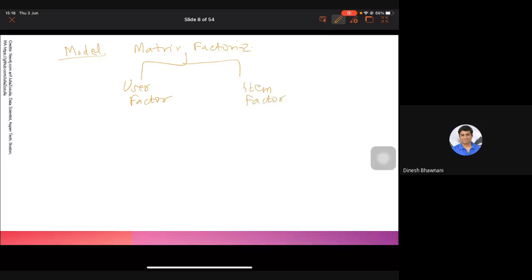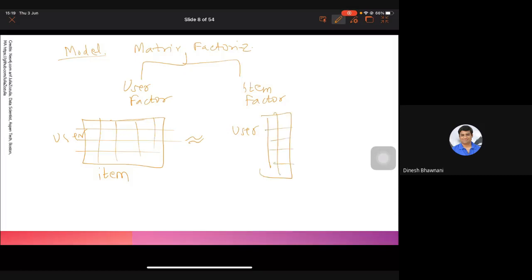Similar to bias, but this is a little different. So what we are trying to do is factorize the user item matrix to get two latent factor matrices. User factor matrix. This is a matrix. User item. And what is this other term? That is also going to depend on the user and the item.